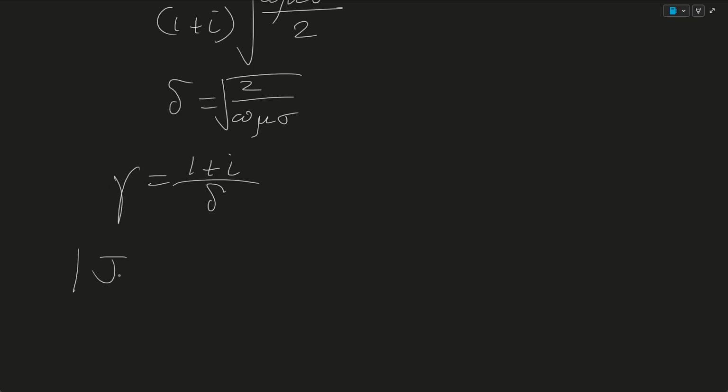And we can write that mathematically as J of r is roughly equal to Js, that being the current density at the surface, times e to the minus r over delta.